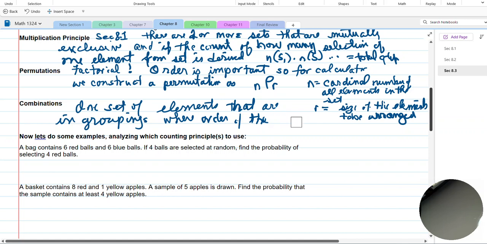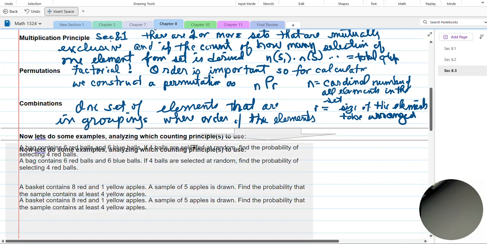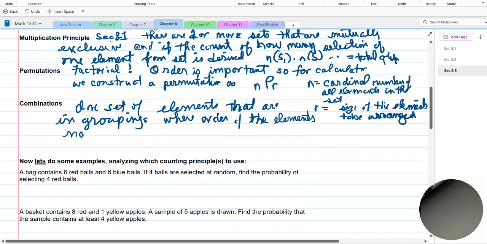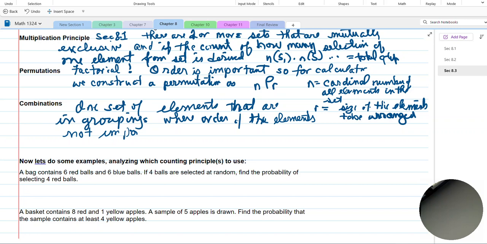Again, in this case, we use a C because of our calculator, and CR has just the same description as what we had for our permutations.